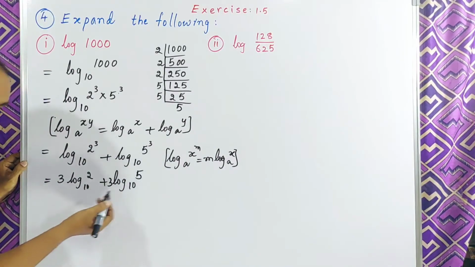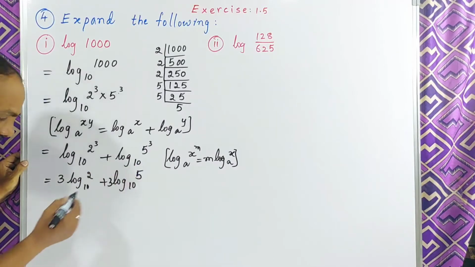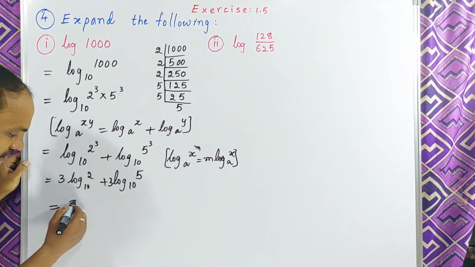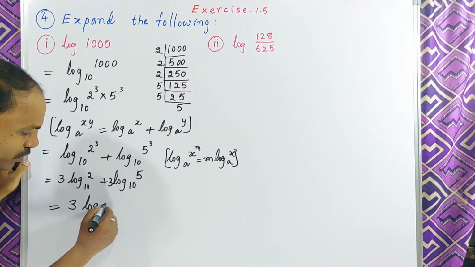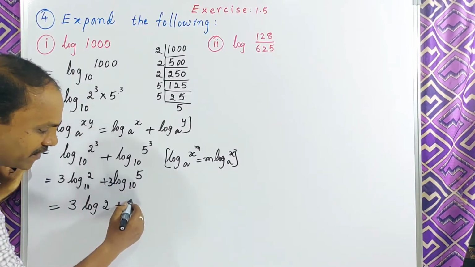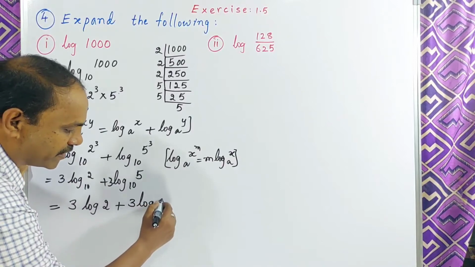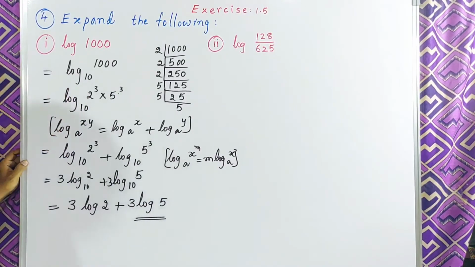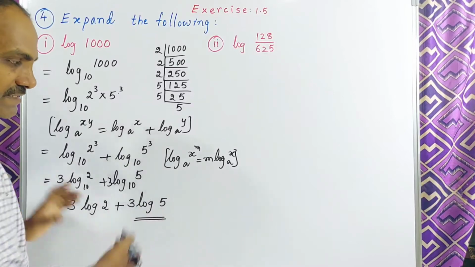You can remove the 10 here. When nothing is written, the base is 10. So we can write this answer as 3 log 2 plus 3 log 5.